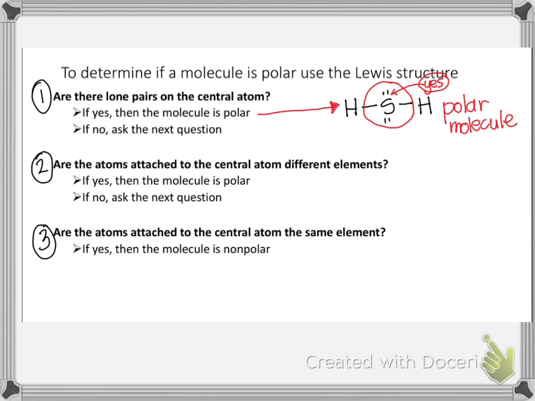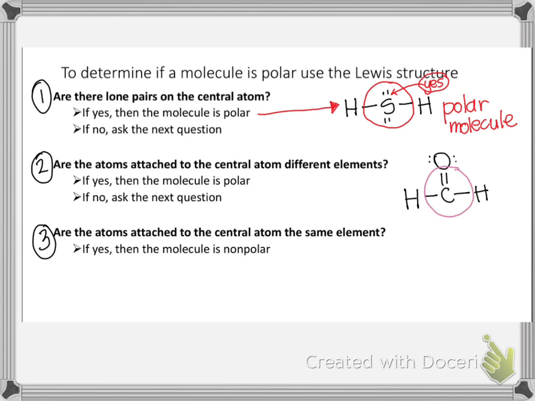Number 2, let me draw an example of this. So this is a molecule that we did. I need to move it over just a little bit, okay. And I'm not drawing the shape, although we could draw the shape. It won't matter. All right, and so on this one, let's look at the central atom, which is carbon.